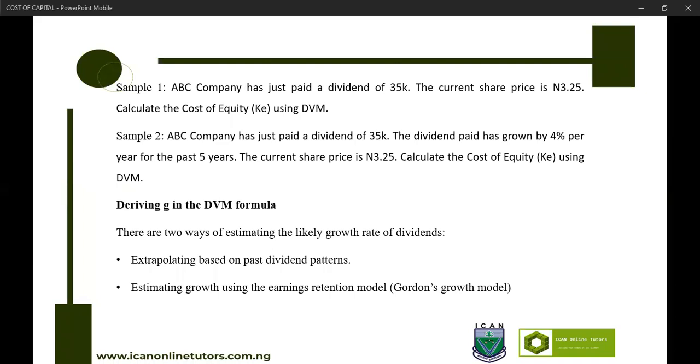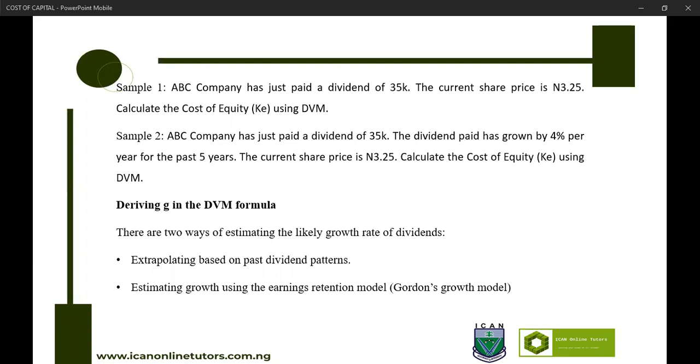But in a situation where growth will not be given to us specifically, like in sample 2 where the growth in dividend was given as 4%, and we need this growth to determine the cost of equity, how do we derive the growth in dividend? There are 2 ways of estimating the likely growth rate of dividend.